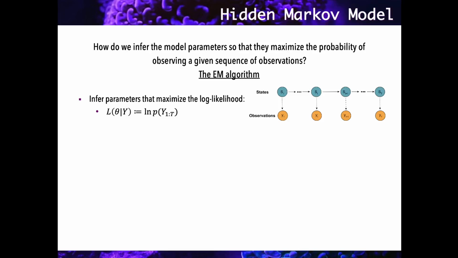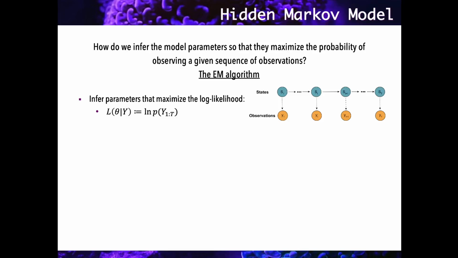But then, if we get the probabilities of being in a specific state given our data, how can we make sure that we are maximizing the parameters to obtain the best explanation of the observations that we have?